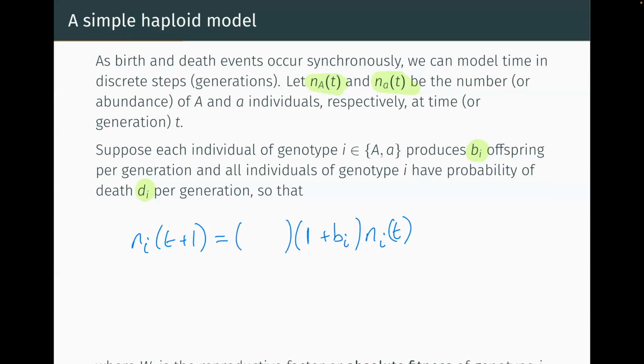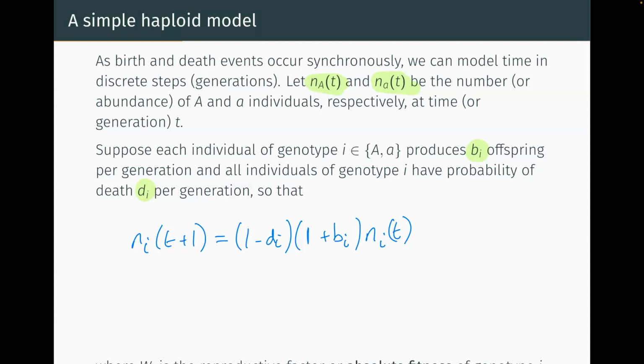We're told that there's a probability of death for anyone of D sub I. So 1 minus D sub I are going to survive. We've got our proportion that die, D sub I, a proportion of new offspring, B sub I, and then our original individuals.